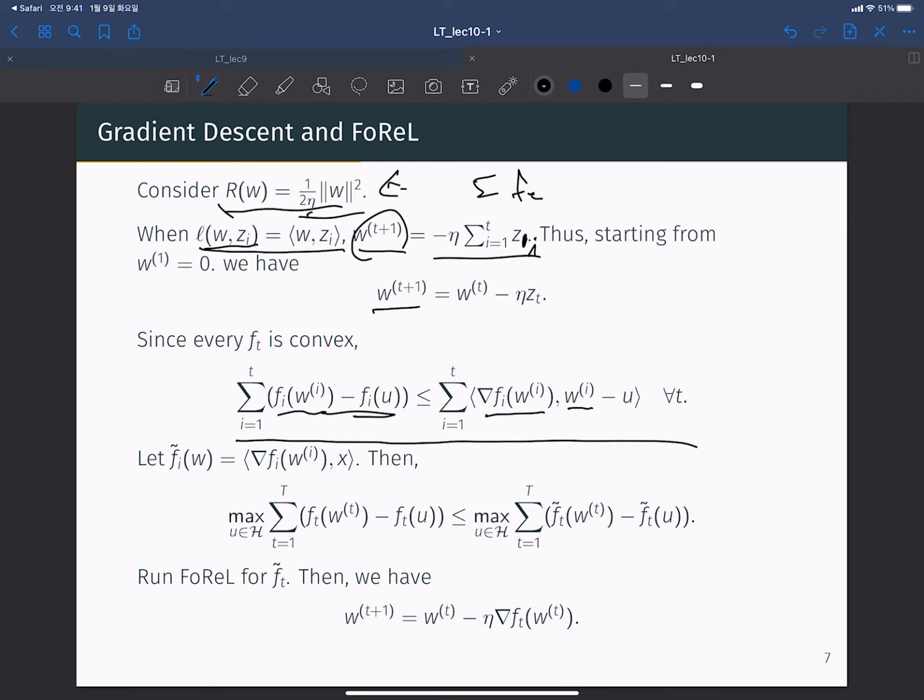That holds because f_i is convex. Every f is convex, so we have this. So when we set f tilde_i equal to the inner product between the gradient of f_i(w_i) and w, then we have this.